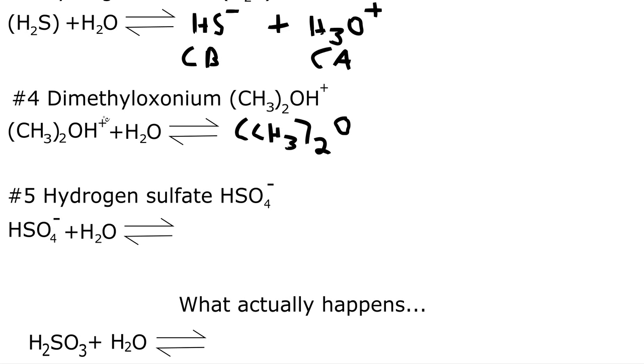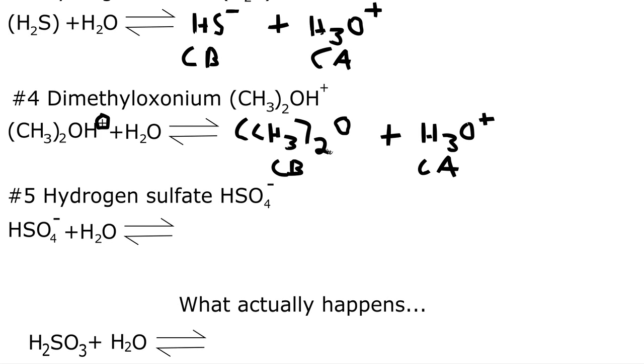And this molecule was originally positively charged, so we're just going to stay neutral. (CH3)2O, no charge on it. We lost our positive charge, which will just go back to 0 or neutral. Can't forget our hydronium ion, so H3O positive. So this is your conjugate base, and this is your conjugate acid.